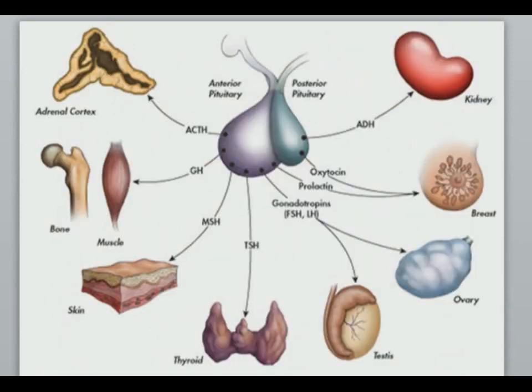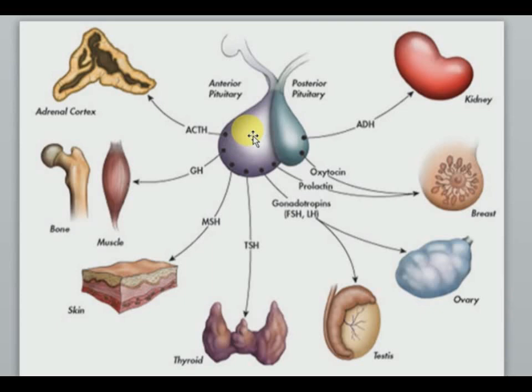Okay, this next slide is just specifically on the pituitary gland. This is the anterior part, this is the posterior part. The posterior part secretes 2 hormones, ADH and oxytocin, and the anterior part secretes 6 hormones. Altogether, we have 8 hormones in the pituitary gland.